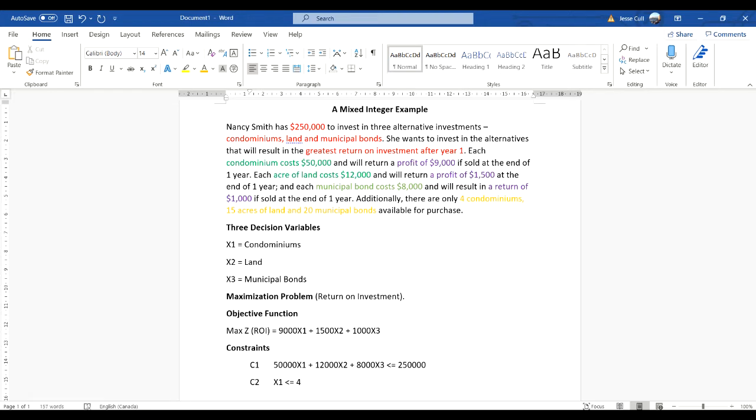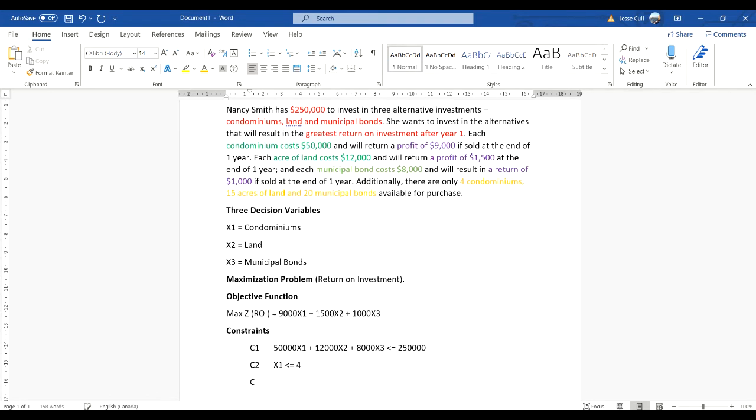The number of condominiums we buy cannot be more than 4. The next one, X2 must be less than or equal to, let's go up here, and we see 15.